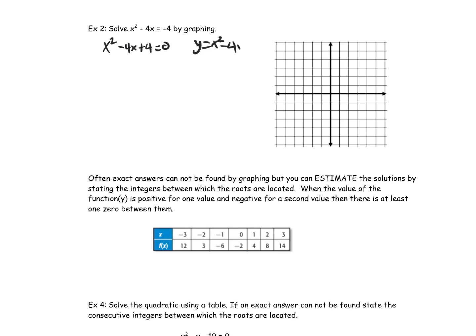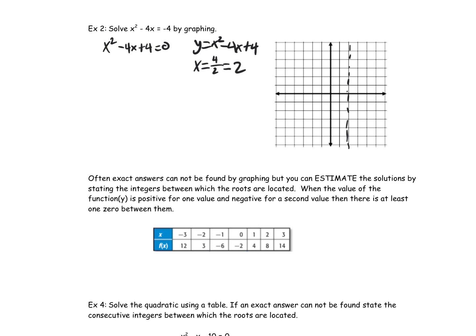minus 4x plus 4. So to find my axis of symmetry, it's going to be x equals -b, so +4 over 2 times 1. So +4 over 2, so that's going to be 2. So my axis of symmetry is going to be at the x value of 2.